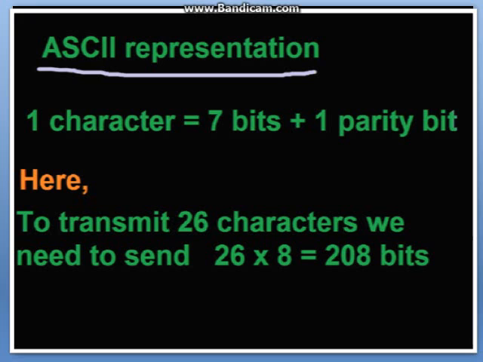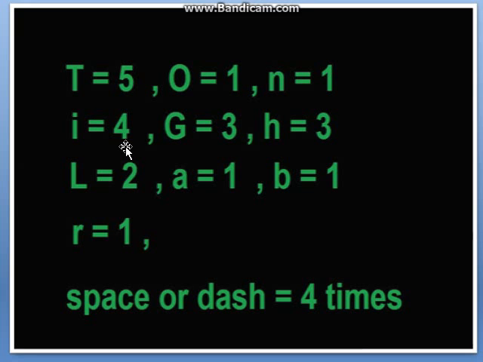Now we'll start our coding technique. We'll see how many times a particular character or letter appeared in the entire text. Starting from T, it appeared 5 times in the text, tonight lit a bright light. O appeared once, N appeared once, I appeared 4 times, G and H appeared thrice, L appeared twice, A, B and R appeared once, and space appeared 4 times.